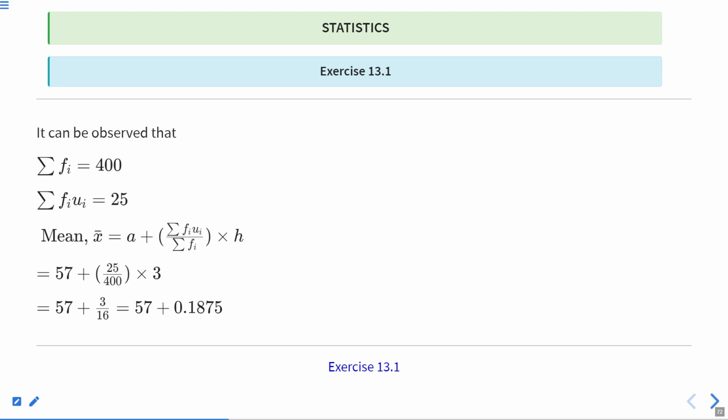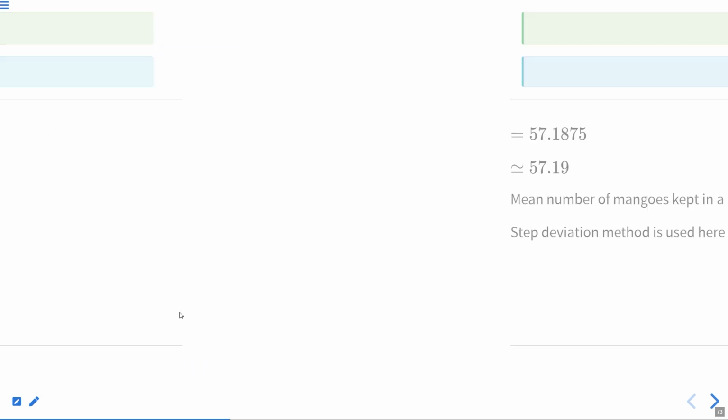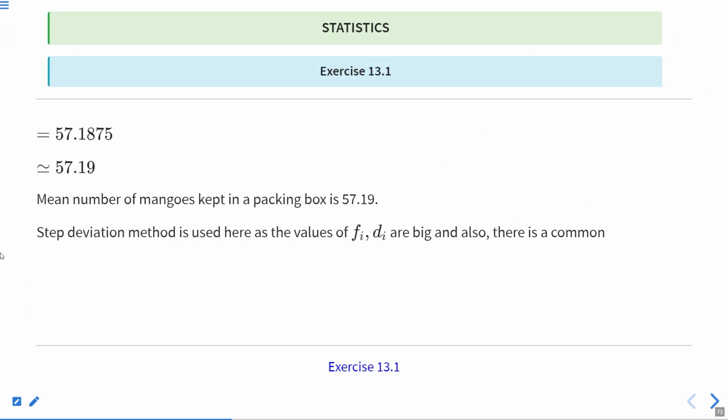The assumed mean is 57, so this is equal to 57 plus 25 by 400 times 3, which is 57 plus 3 by 16, which is 57 plus 0.1875, equal to 57.1875, approximately 57.19. So the mean number of mangoes kept in a packing box is 57.19.